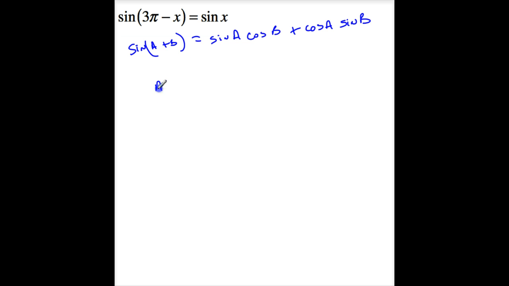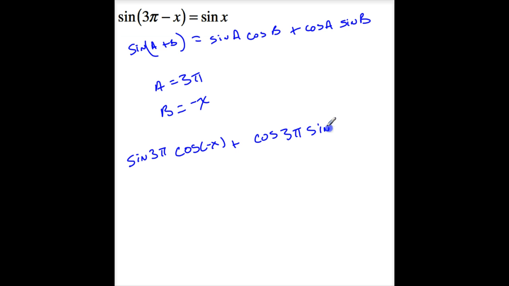Now, in this case, A is 3 pi. And B is minus x. So this whole thing becomes sine of 3 pi cosine of minus x plus cosine of 3 pi sine of minus x.